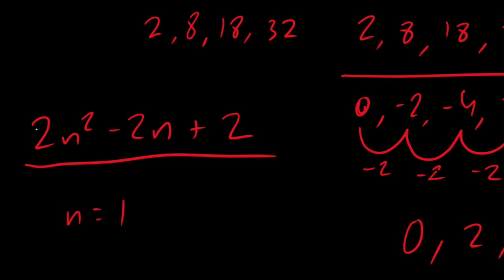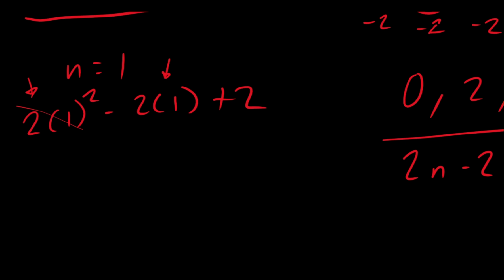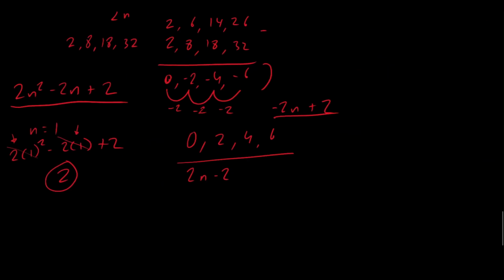What is 1 squared multiplied by 2? 2. What is 2 multiplied by 1? Also 2. So you could actually just cancel these two out and then add 2. So you get 2 as the answer. So now you know that this is correct.